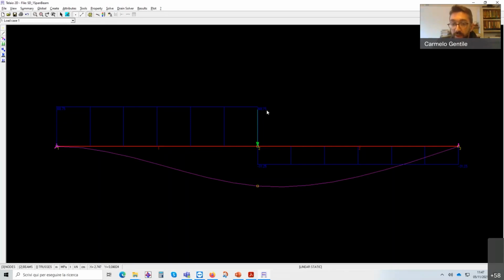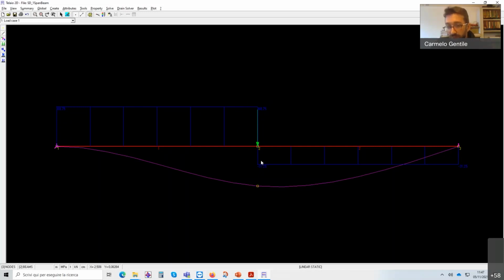The jump, the discontinuity between the shear force on the left side and the right side of the applied load is equal to 78.75 plus 31 minus 25.